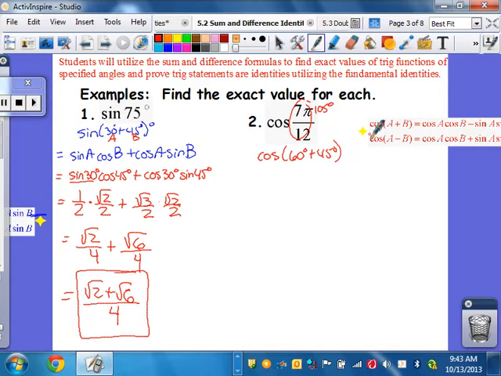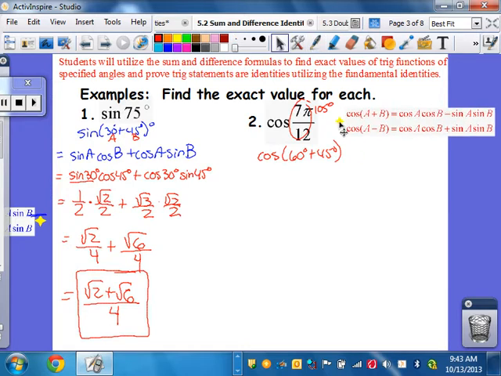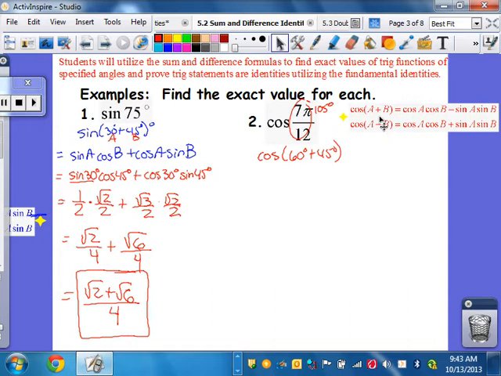And if I know that I'm using a sum, I need to write that formula down. Now I'm going to skip steps. This is my A, here's my B. So this is equal to cosine 60 degrees cosine 45 degrees minus sine of 60 degrees sine of 45 degrees. Okay? So that was my sum formula.